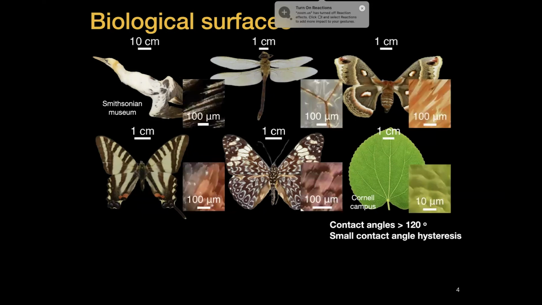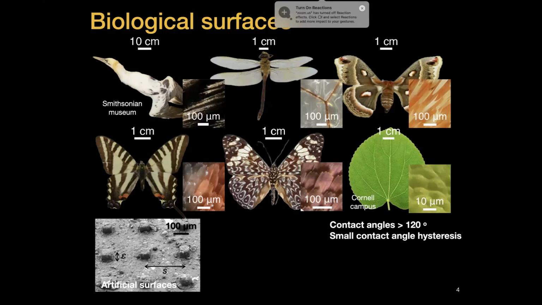If you look more carefully at the microscopic structure, all these surfaces have a little roughness. Due to the scales, or on some of these insect wings, they have little sensor hairs sticking out. And leaves are not smooth, they have a little bumpy structure.